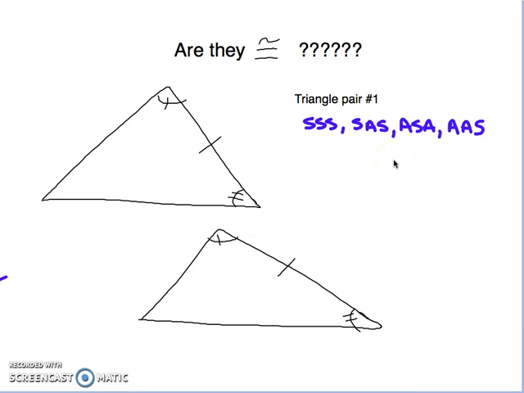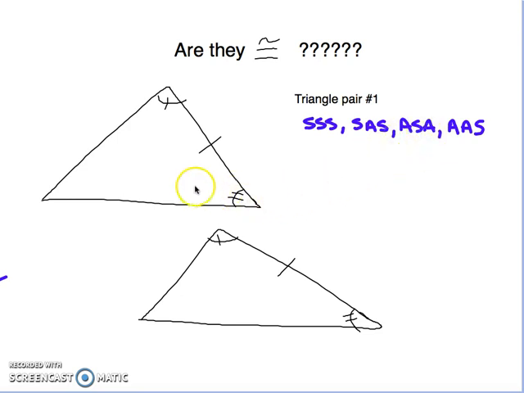These are not theorems. So if you see these marked in a triangle, that does not mean that the entire triangles are congruent. So make sure when you are identifying theorems, you only use these four. And make sure you keep the letters in the exact order.